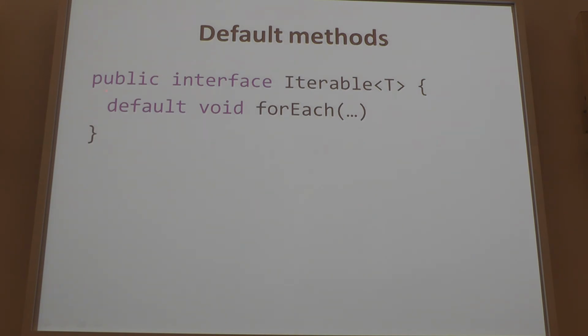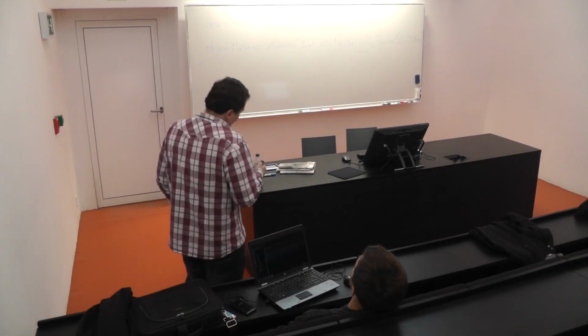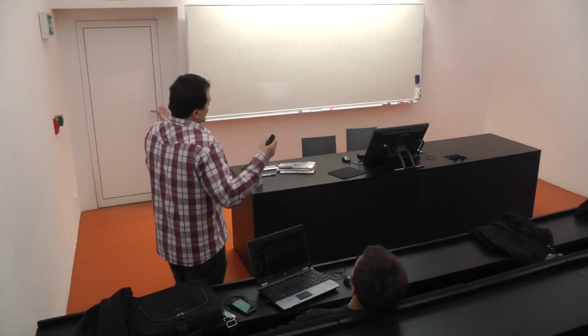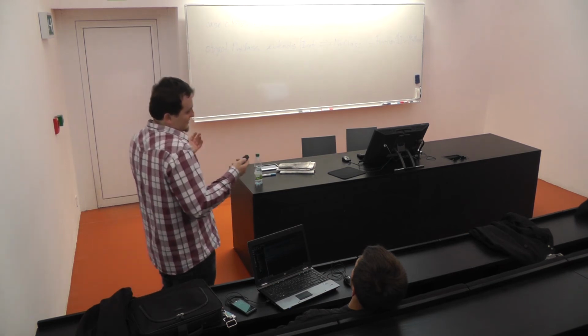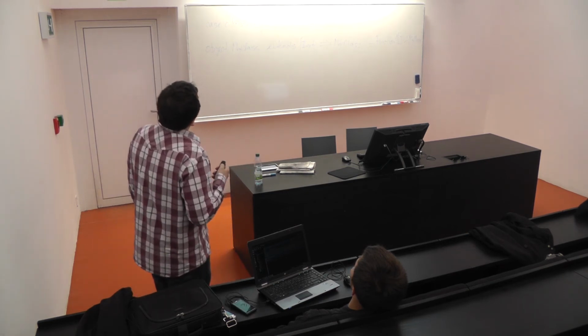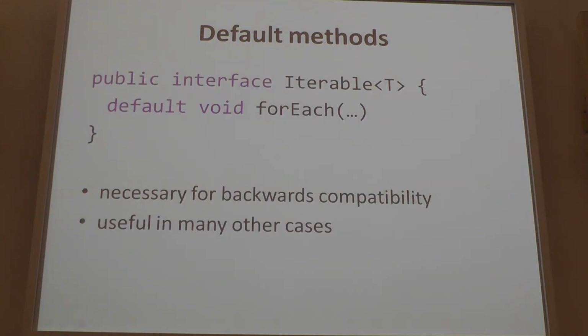And as you can see here, there is a new keyword in Java 8, default, and what you don't see here is that the method in the Iterable interface has an implementation. So now, basically default methods are methods that are implemented in interfaces. And as I said, basically the only reason they are in Java 8 is for backwards compatibility.